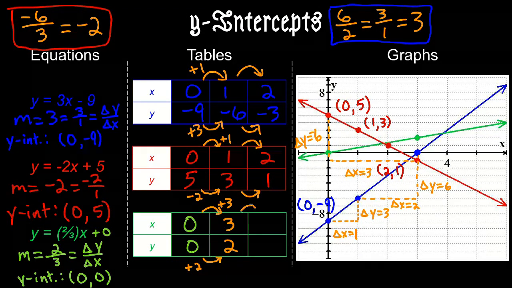And then if we continue that, a change in x of 3 will take us to 6, and a change in y of 2 will take us to 4.